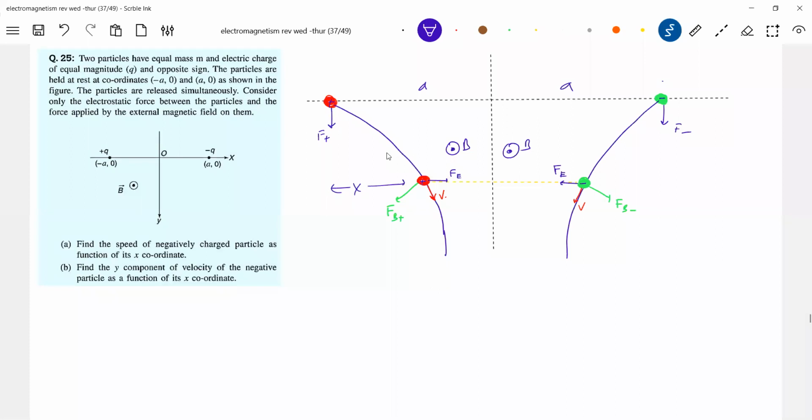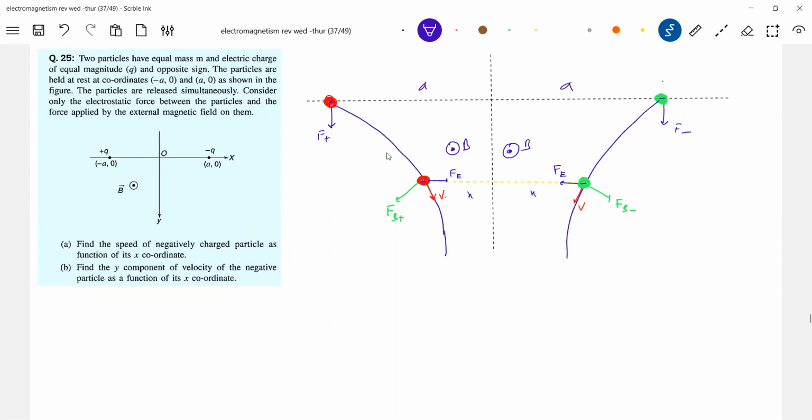Or if you take this as the origin, the separation should be 2a minus 2x. He's asking as a function of the x coordinate, x being the distance from the y-axis. If we take that, we can get it easily. Okay, now solve this problem.